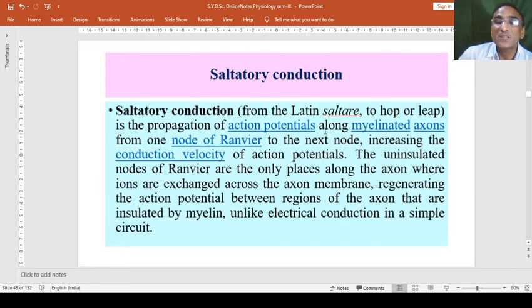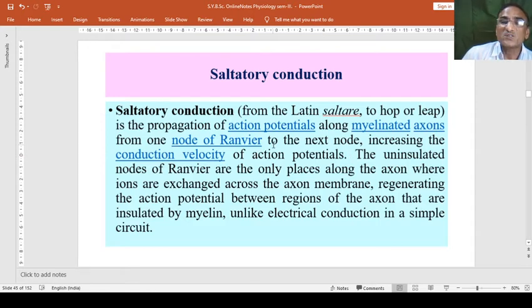Why does it jump? Because the myelin sheath does not allow ions to enter, so the impulse directly jumps to the next part of the membrane where a node is present and the myelin sheath is absent. Saltatory conduction is the propagation of action potentials along myelinated axons from one node of Ranvier to another node of Ranvier, increasing the conduction velocity of the action potential.